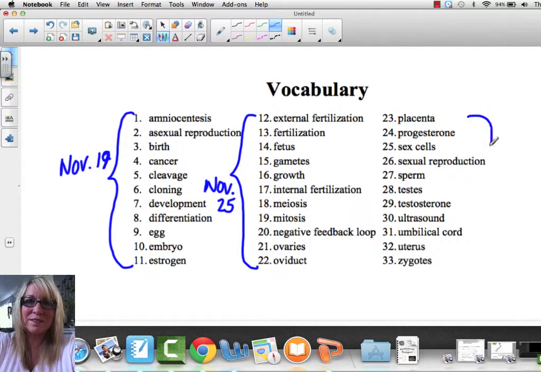And the last set of vocabulary words will be December 3rd. So November 19th, November 25th, and December 3rd.